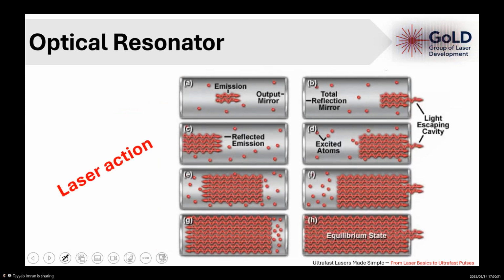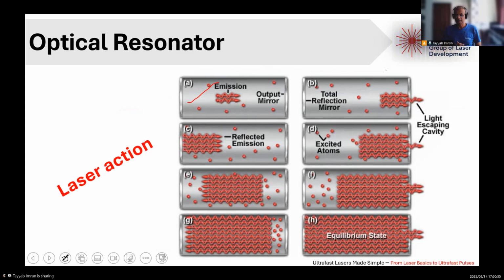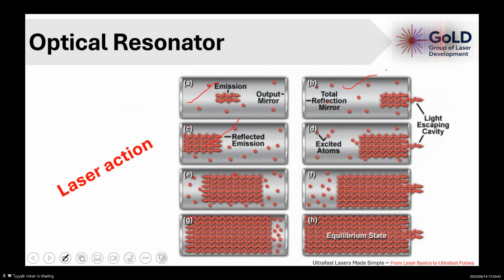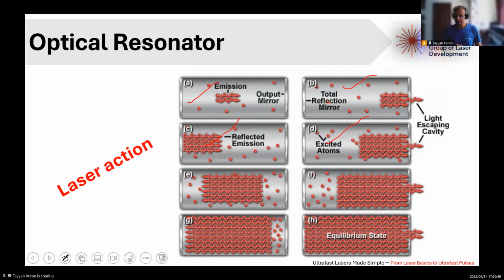This is the overall laser action. You can see it started from here. A few photons are generated, and then B is multiplying, C is multiplying more, and now it's excited, more excited, here more, and finally, when this stage is reached, we call it the equilibrium state.